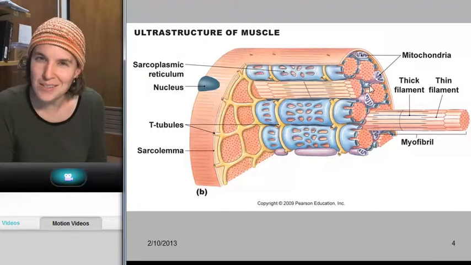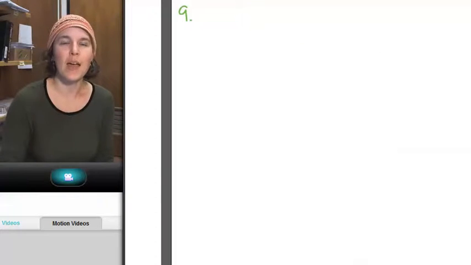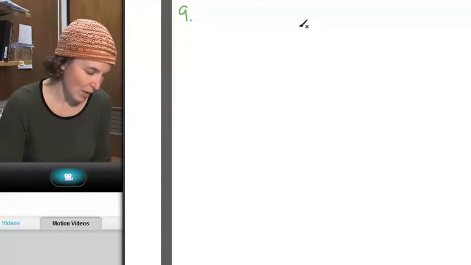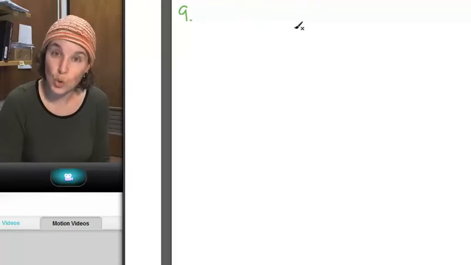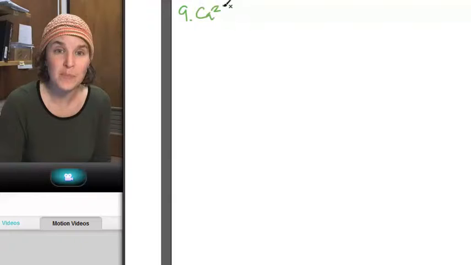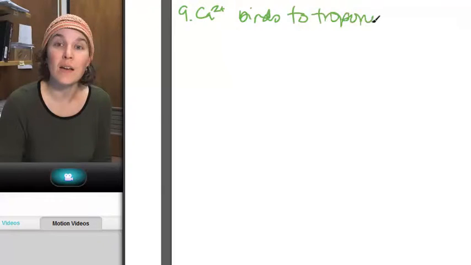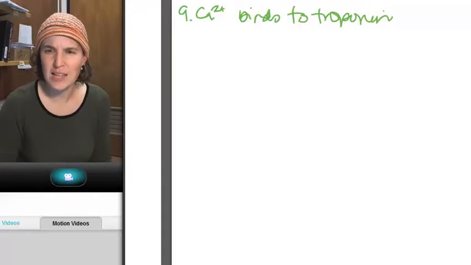What's going to happen? Of course, who had the calcium binding site? Who's going to bind with calcium? Troponin. Troponin has the calcium binding site.